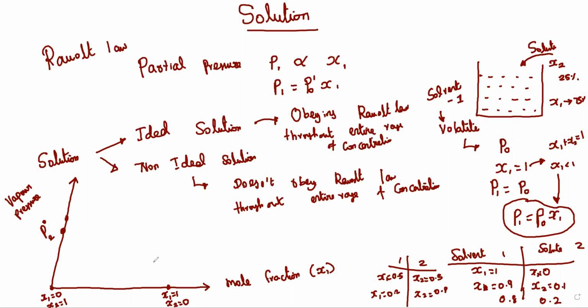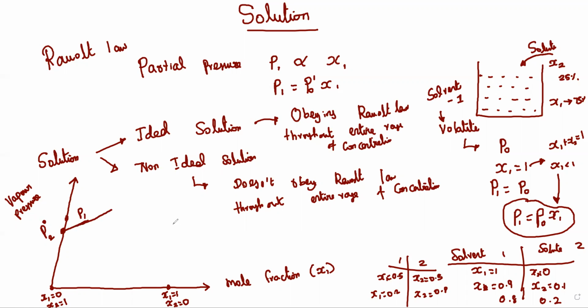Okay, same thing. If you increase the mole fraction, 0.1, 0.2, 0.3, the partial pressure of first component increases slowly. I'm going to draw the partial pressure of first component increasing slowly.